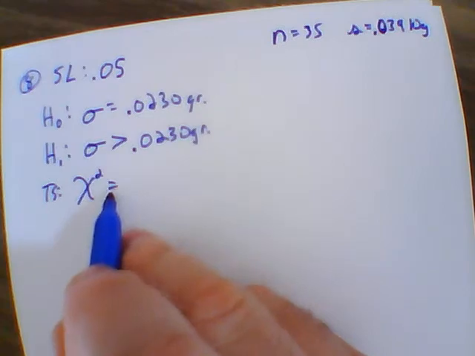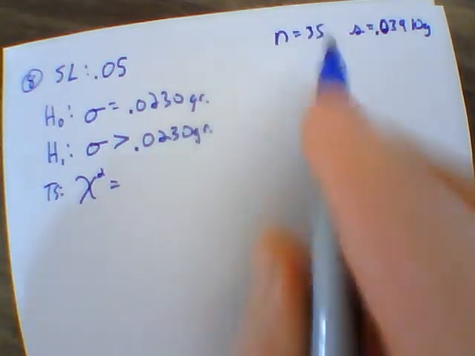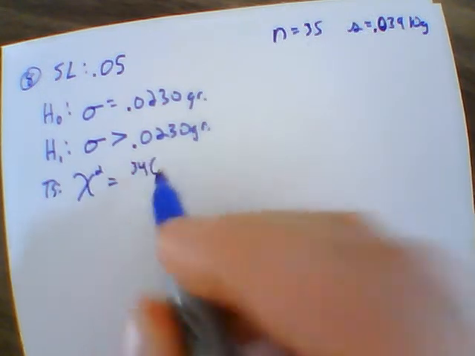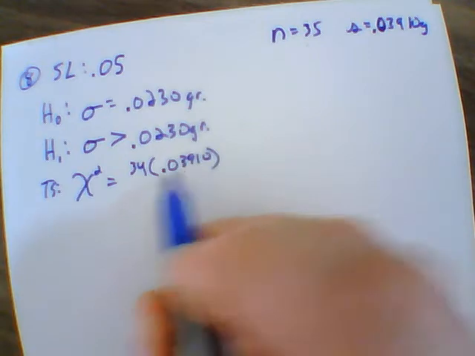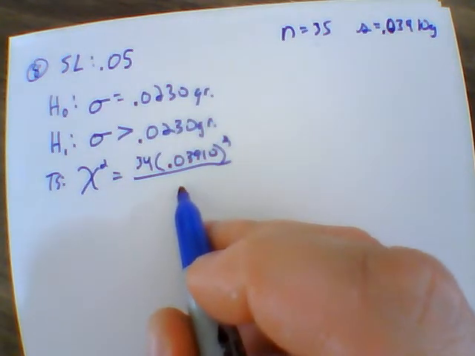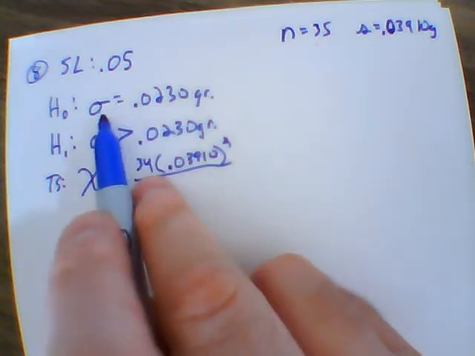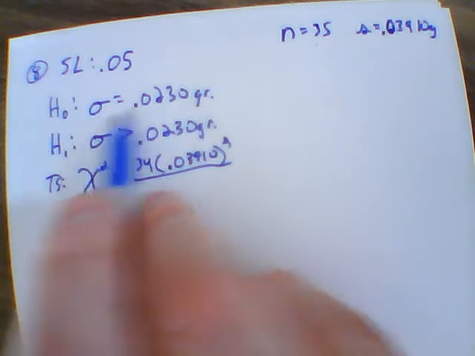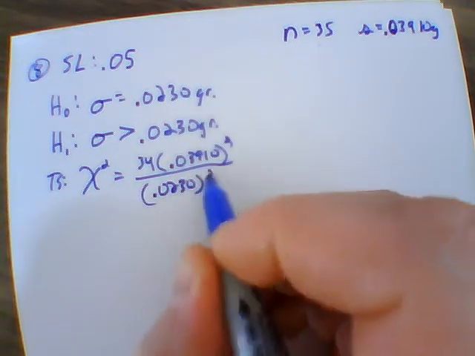So if we think about our test statistic, it is our degrees of freedom, 35 minus 1, so we have 34, times our sample standard deviation squared, or basically our sample variance, divided by the population variance, which we're relating to our sigma right here, which we're claiming is equal to 0.0230 squared.